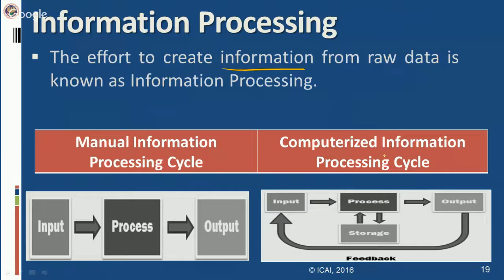In the manual information processing cycle, the input is given, the input is processed, and a desired output is attained. Whereas in the computerized information processing cycle, along with the same steps, the storage is done in the memory and feedback is also given so that there is always a scope of improvement.